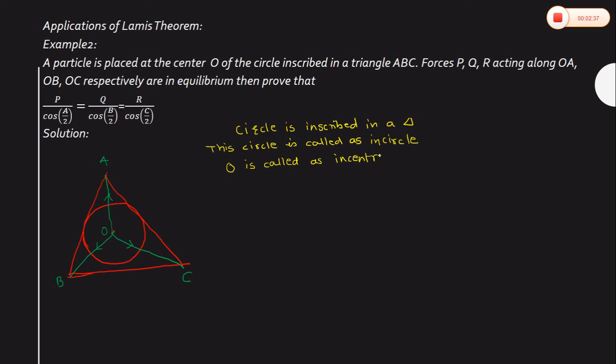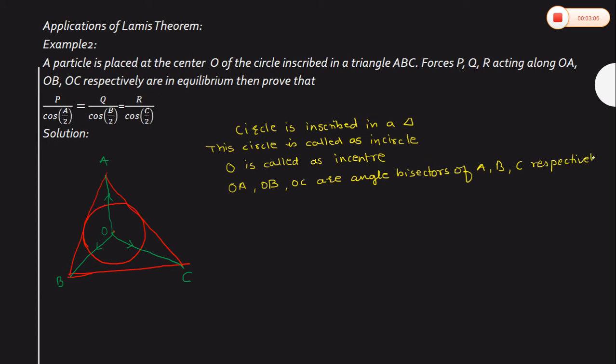And according to geometry, we know that when O is the incenter of triangle ABC, OA, OB, and OC are angle bisectors of A, B, and C respectively.